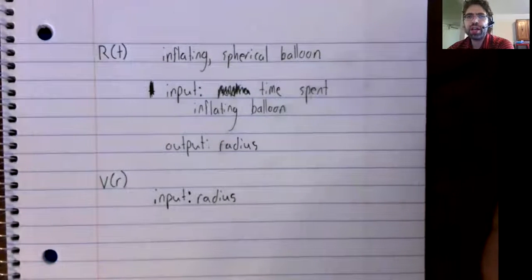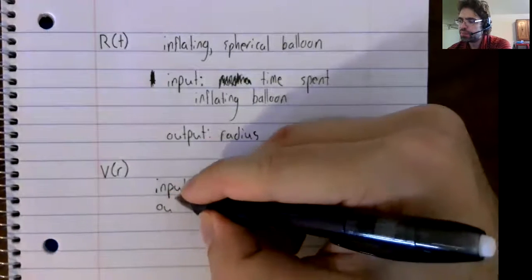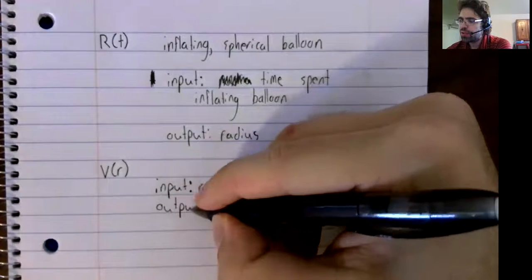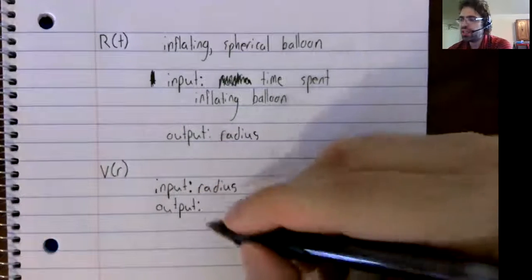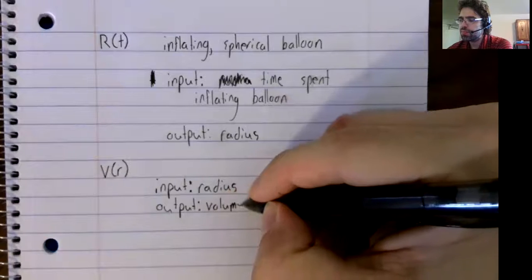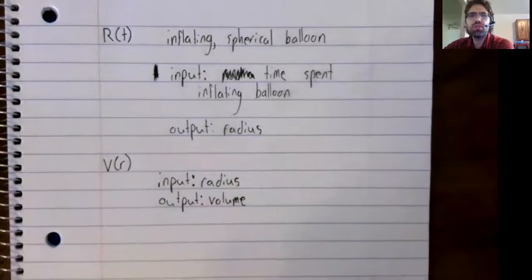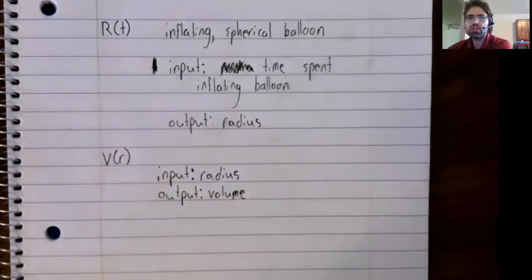And we're defining a volume function that takes the radius as the input and gives you the volume as the output.